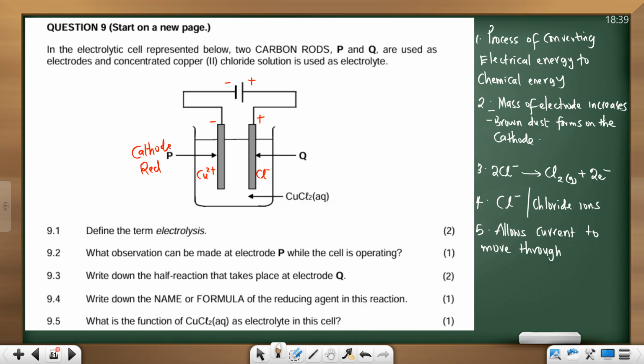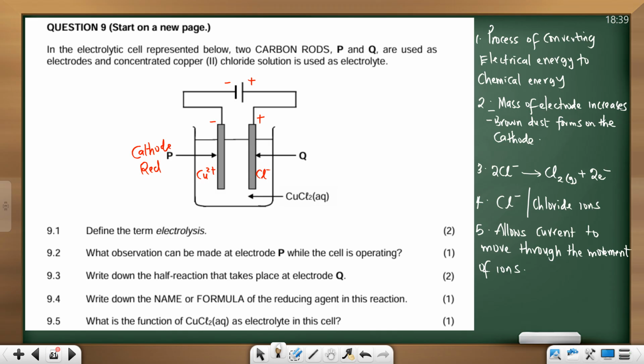Ions. Okay. So they were just asking for the definition of electrolytes there.